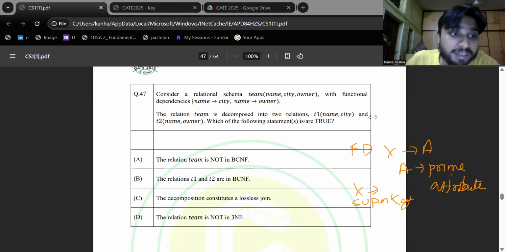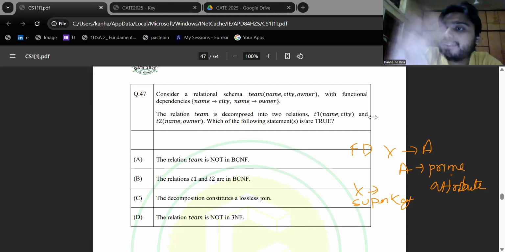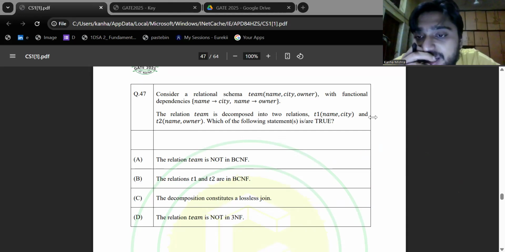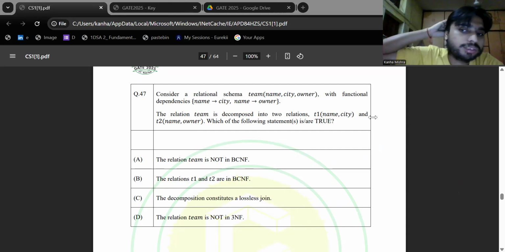Since name is a super key in both of them, and A is a prime attribute, part of the candidate key, I can say team is in 3NF.